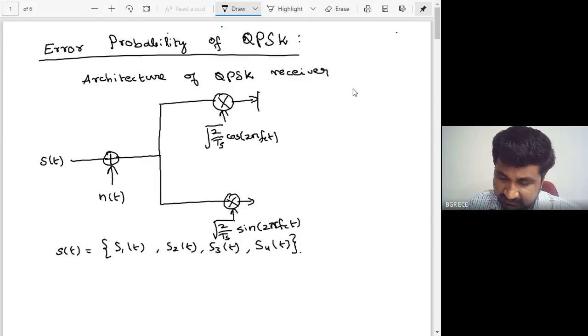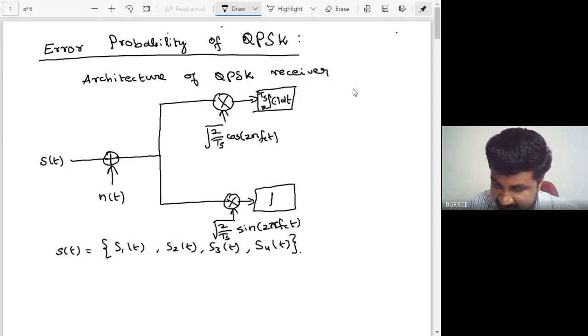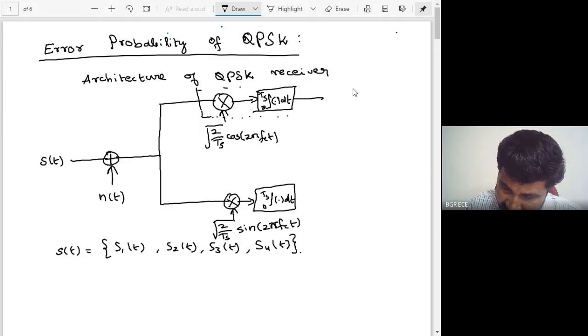And the multiplier is followed by an integrator over the time period Ts, and the combination of the multiplier and the integrator is called a correlator. Let us assume this as correlator 1 and this as correlator 2.